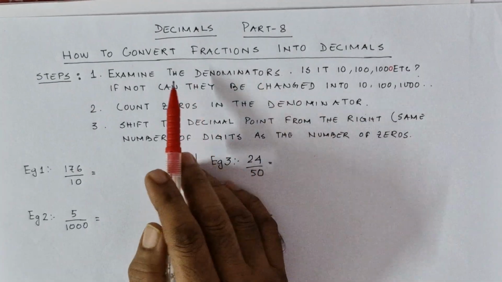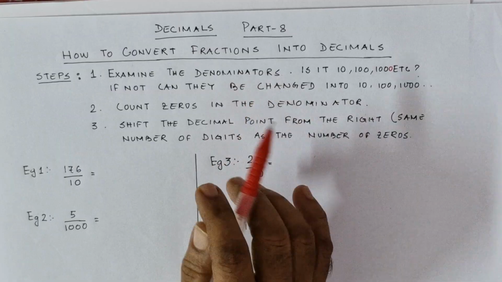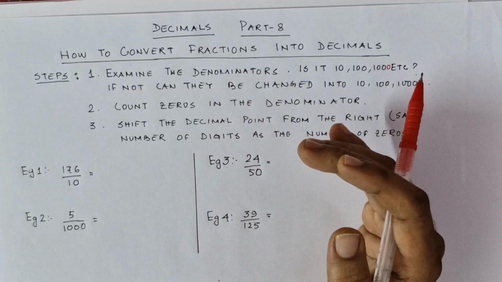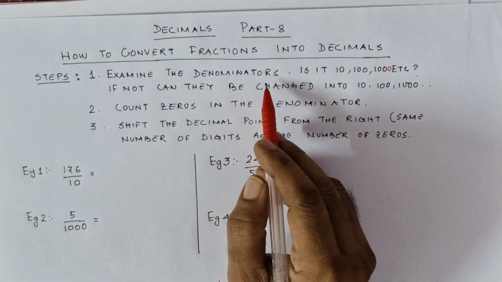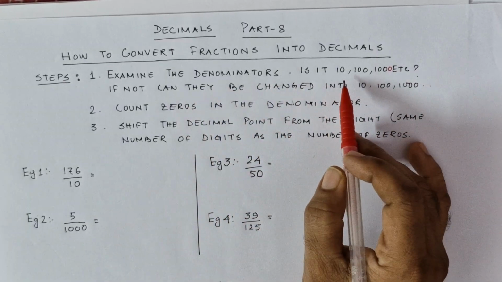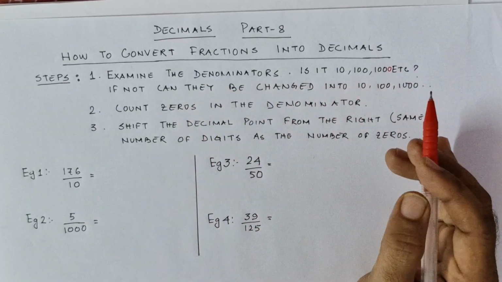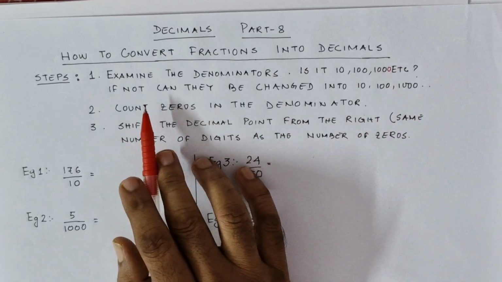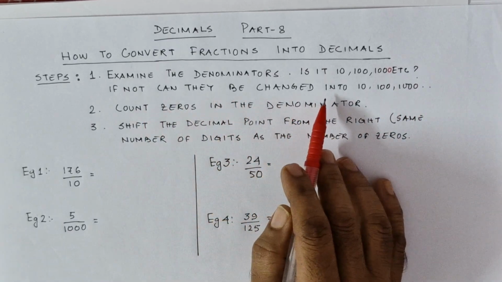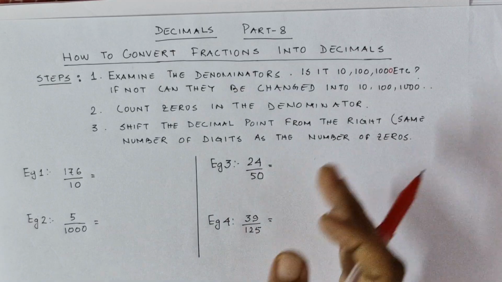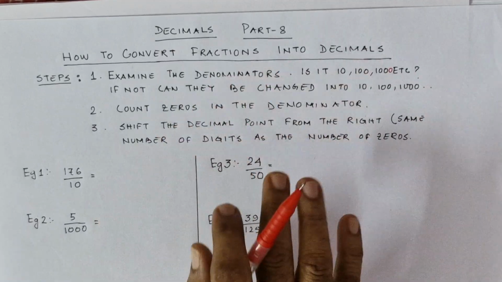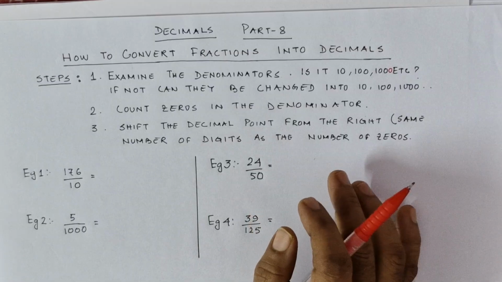So first is examine the denominators. When you have a fraction with denominators 10, 100, 1000, etc., just examine the denominators. Is it 10, 100, 1000? Which one is it? If they are not, can they be changed into 10, 100, 1000, etc.? Got it? So we'll take a few examples and show how to actually work through these steps.